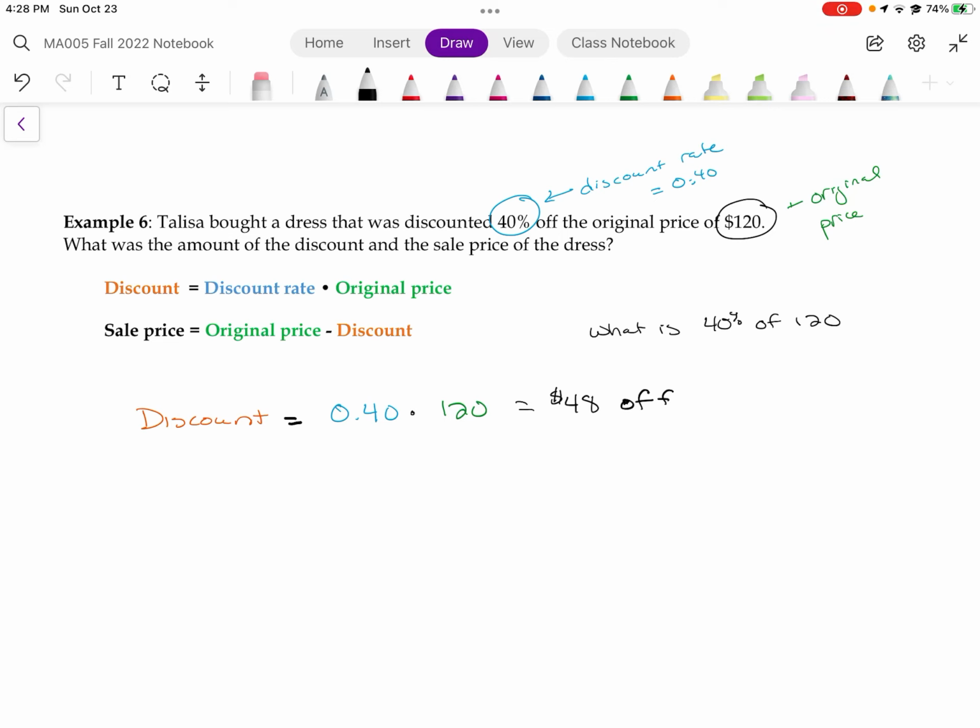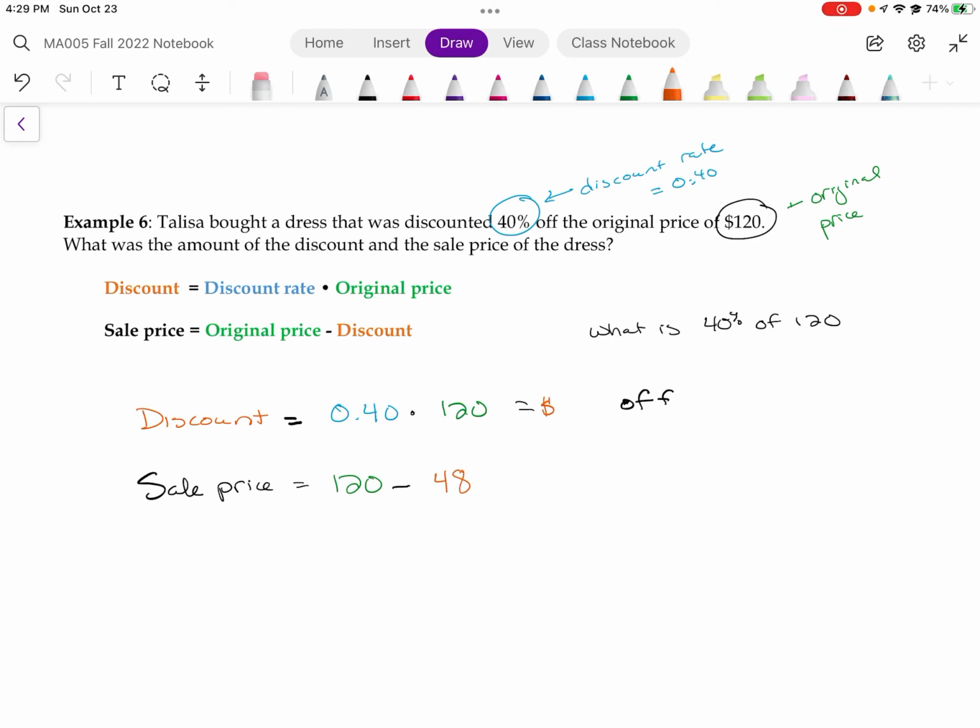All right, so now what is the sale price? The sale price is going to equal the original price, $120, minus the discount, which is $48. I'm going to fix this so my colors work.